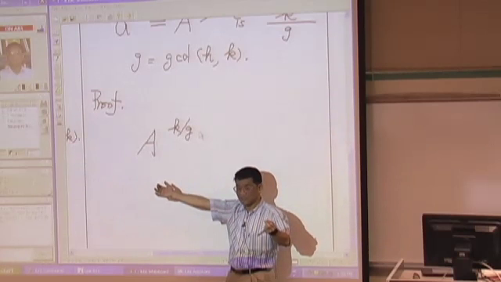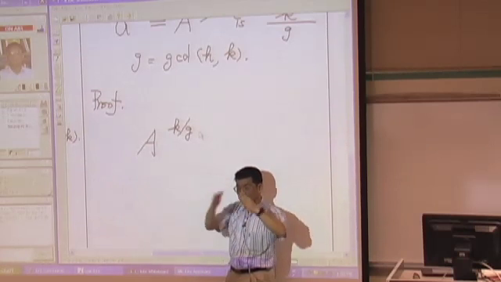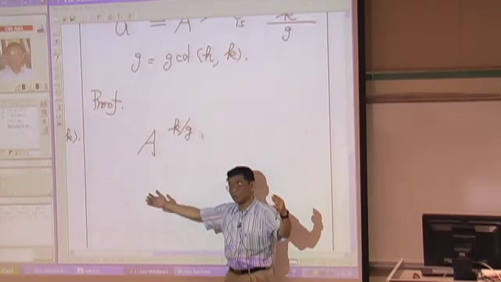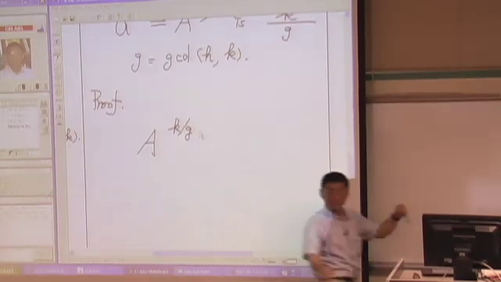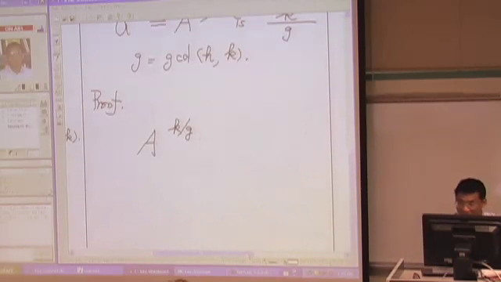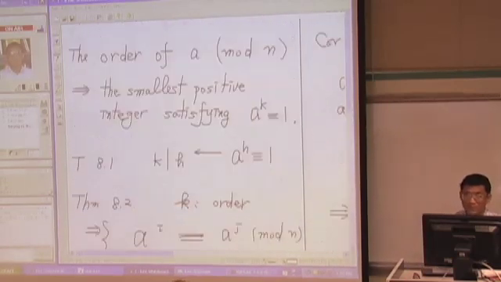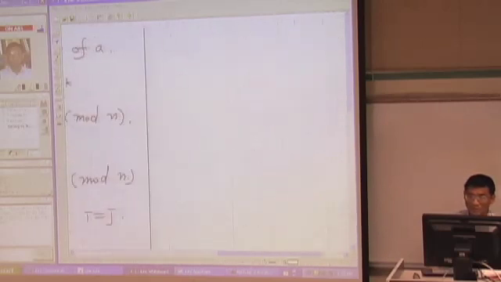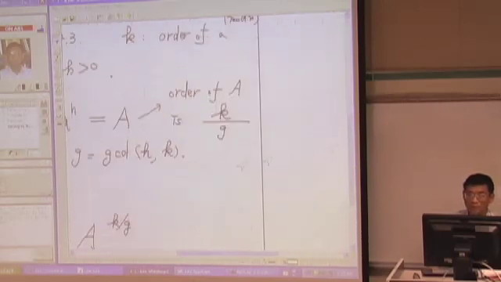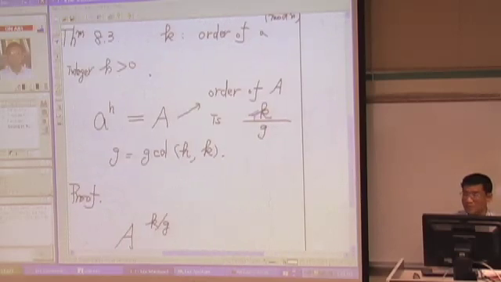By the definition of the order, if you multiply the number a certain number of times, it is equal to 1. So take a look. The definition of the order: if you multiply A, K times, then it is what? 1. Do you see it? So what I want to show is this. We want to prove that this is the order, right? So I multiply A this many times.